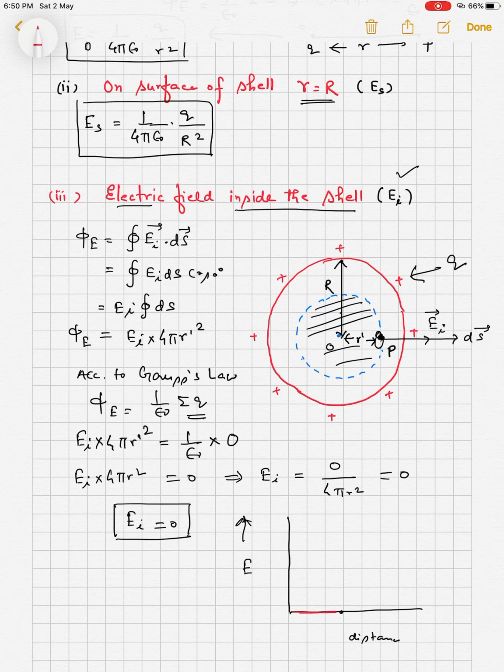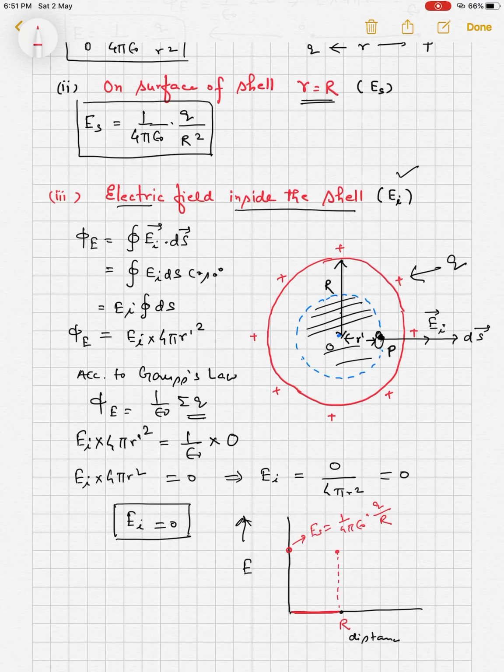So the electric field is 0 up to R, and at R the electric field is maximum. Here on the surface ES is 1 upon 4 pi epsilon naught q by capital R square.